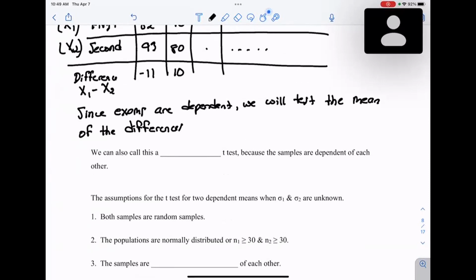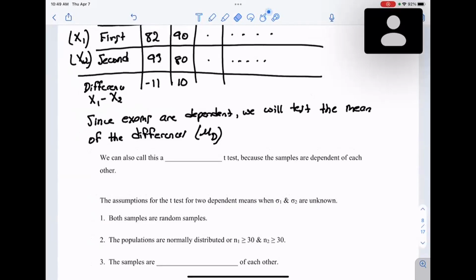And we will denote that difference mu with the subscript d for difference. And like I mentioned a second ago, this is known as a matched pairs t-test, or you can say a paired t-test.